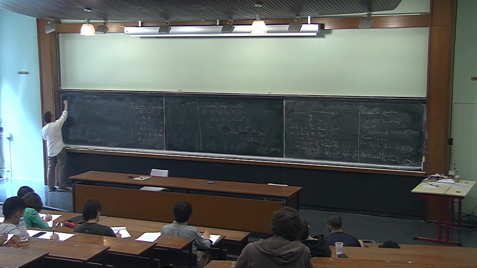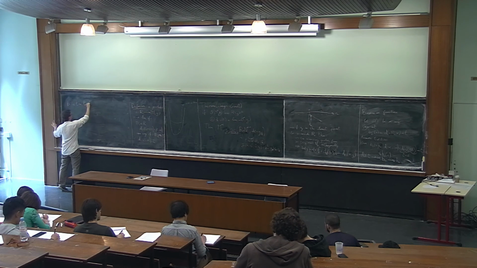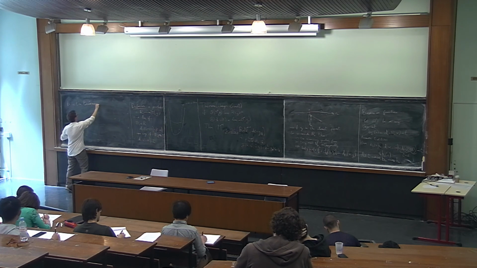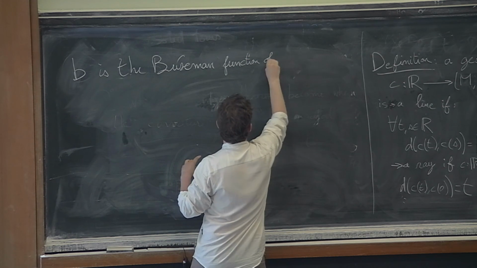So b is the Busemann function of my ray c.